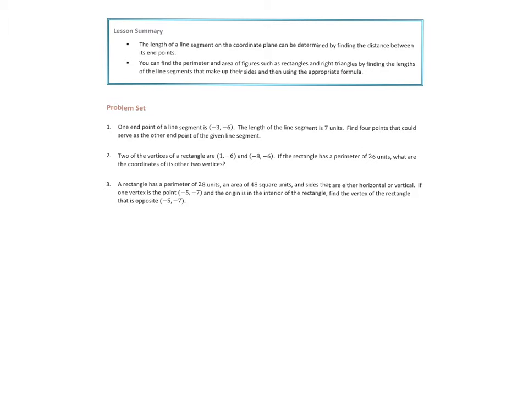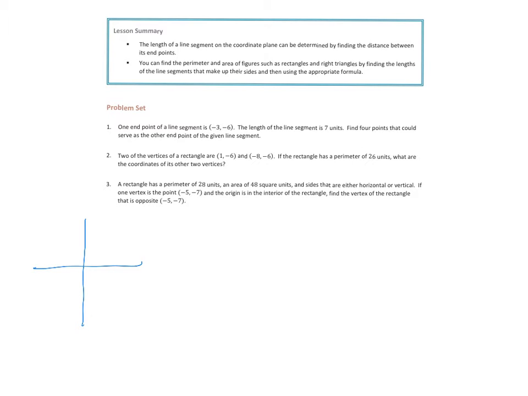One endpoint of a line segment is -3, -6. The length of the line segment is 7. Find 4 points that could serve as the other end of the given line segment. So I'm going to do a little drawing down here to do this.